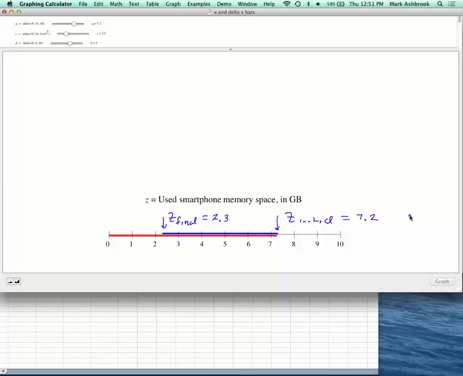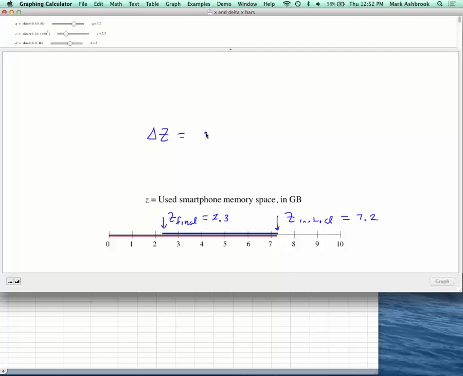Let's talk more. So what's happening here? Would you subtract the 7.2 and the 2.3? Okay, and you're calculating what? Or change. So change in Z equals? Tell me what I would do, not just the final answer.